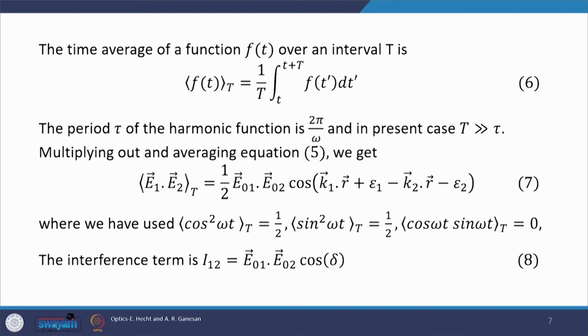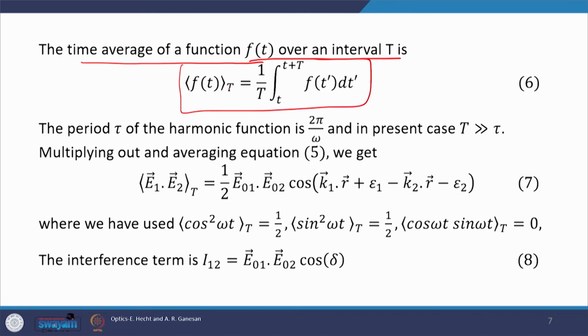Now, once these things are done, let us take the time average. Then the question arises, what is the time average? The time average of a function f(t) over an interval T is defined through this relation.